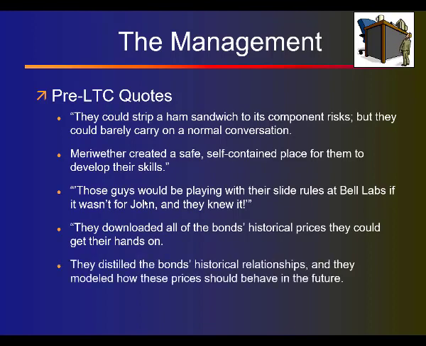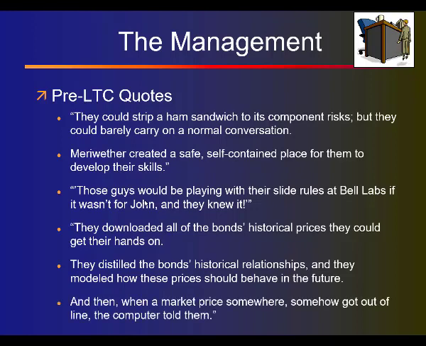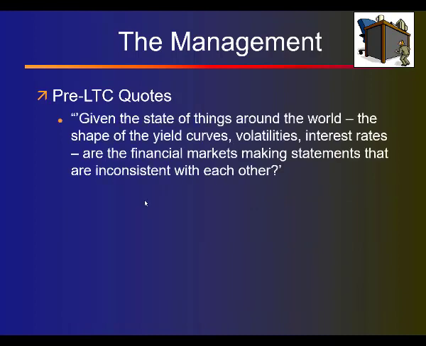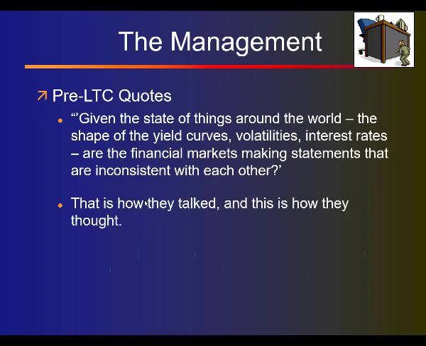They could download bonds, look at history, and get a sense of which bond was overpriced, underpriced based on history. Some market somewhere was mispriced, and their computers were going to tell them. So you look at yield curves, look at volatility, look at rates, look at spreads, and you can say, are there 2 securities that are inconsistent with each other based on what we know?